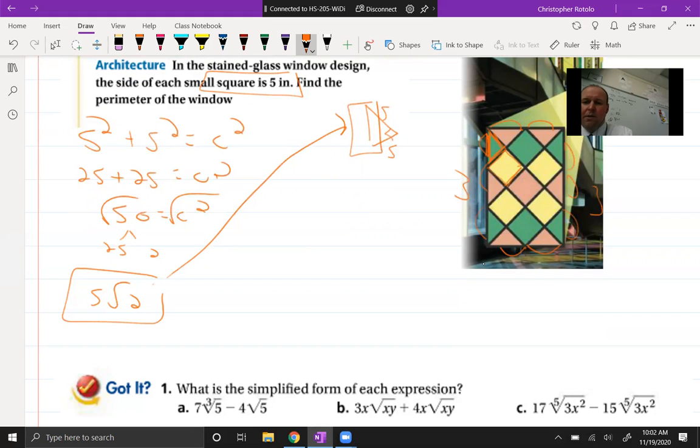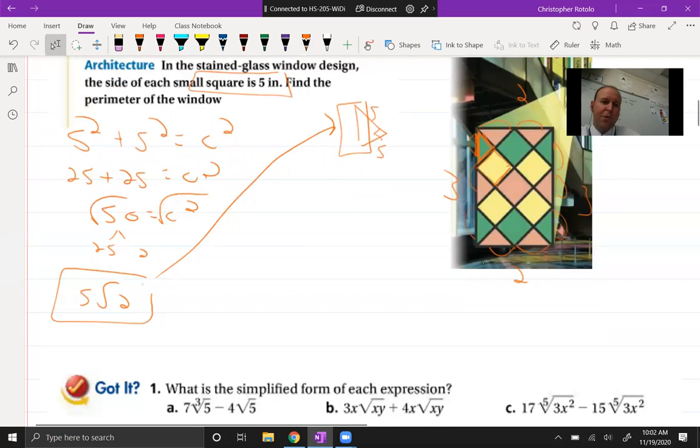Okay, so I get 3 here, 3 here, 2 here, 2 here. So we can use formulas. We're dealing with the perimeter of the window, so I don't know if we really need to do too much with that. Okay, so if I said that the length was 2 times 2 of the 5 root 2's.